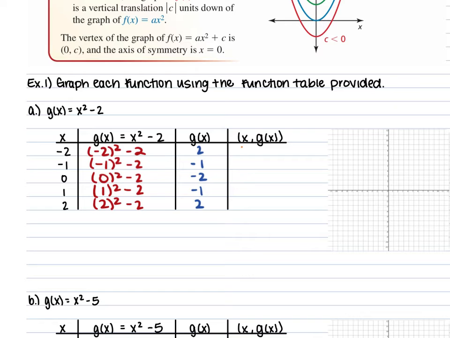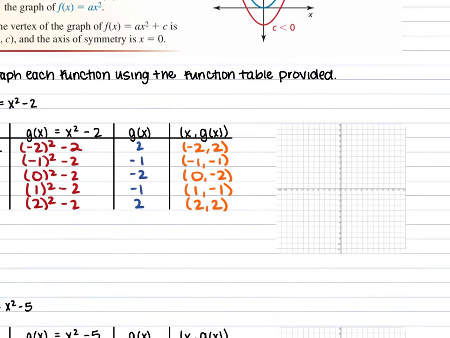So these ordered pairs that we have are going to be negative 2, positive 2, negative 1, negative 1, 0, negative 2, 1, negative 1, and 2, 2. So we graph these points on our coordinate plane now. So negative 2, 2 is going to be here.